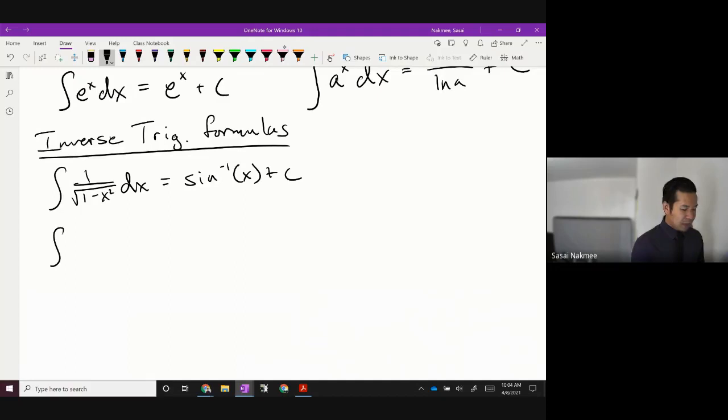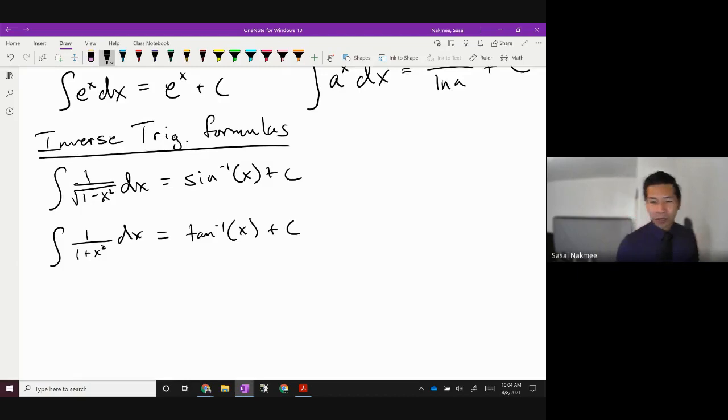The next one that's usually common, if they are going to do the inverse trig function, is the integral of 1 over 1 plus x squared dx. And this one is going to be the inverse tangent of x plus c.